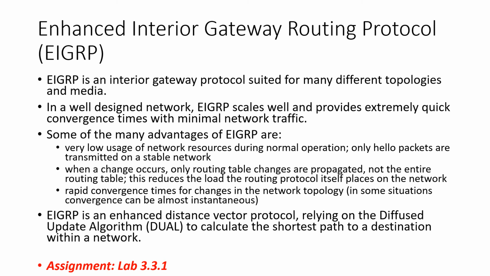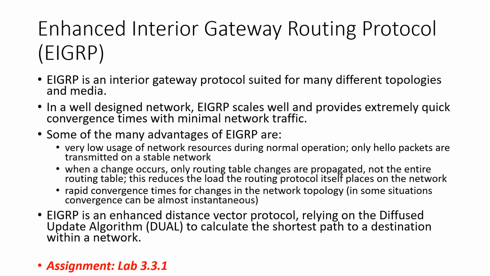Enhanced Interior Gateway Routing Protocol (EIGRP) is an interior gateway protocol suited for many different topologies and media. In a well-designed network, EIGRP scales well and provides extremely quick convergence times with minimal network traffic. Some of the many advantages of EIGRP are very low usage of network resources during normal operations.